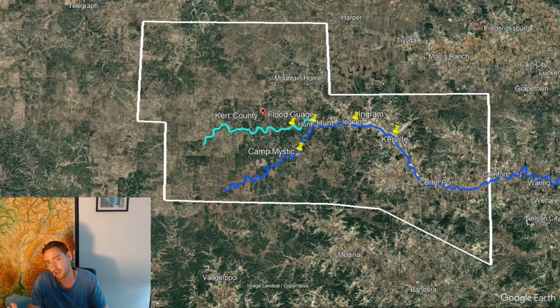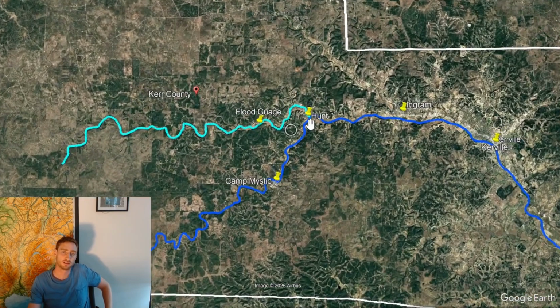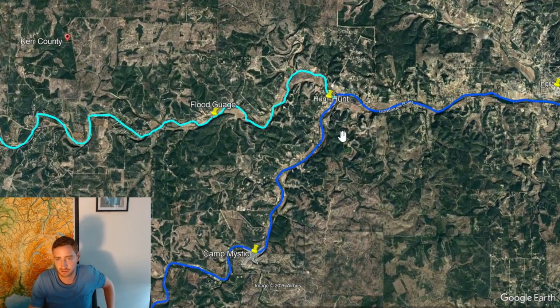So this white outline shows you the border of Kerr County in Texas. And Kerr County is where two smaller tributaries of the Guadalupe River, the South Fork of the Guadalupe River and the North Fork of the Guadalupe, coalesce. So they come together near the town of Hunt, Texas, and they form the main flow of the Guadalupe around there.